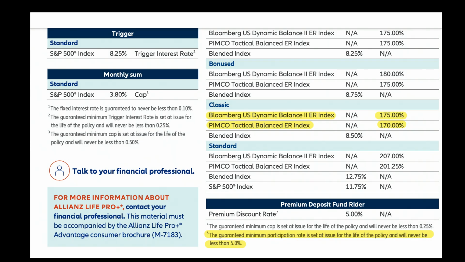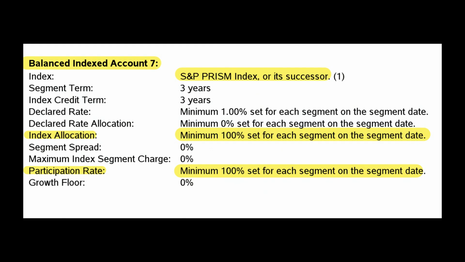With Allianz, these illustrations are typically run with 50% PIMCO and 50% Bloomberg indexes. Bloomberg has a 175% participation rate and PIMCO 170%.